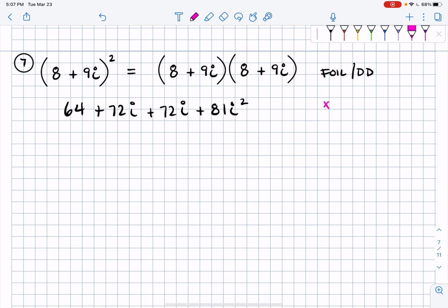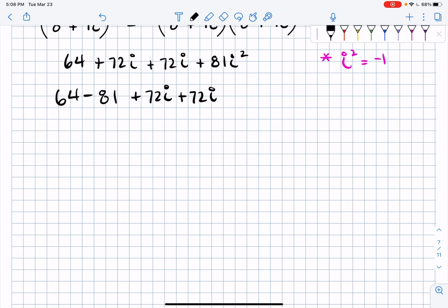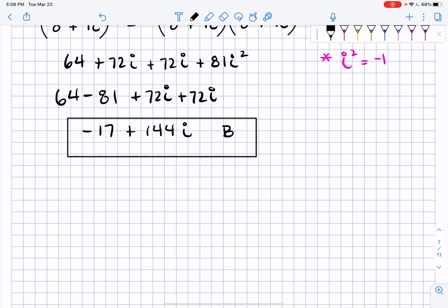Now don't forget, i squared is equal to negative 1, right? So really what I have here is 64 minus 81 plus 72i plus 72i, okay? So let me see here, 64 minus 81. So I got negative 17 plus 144i. And that will be choice B. Boom.